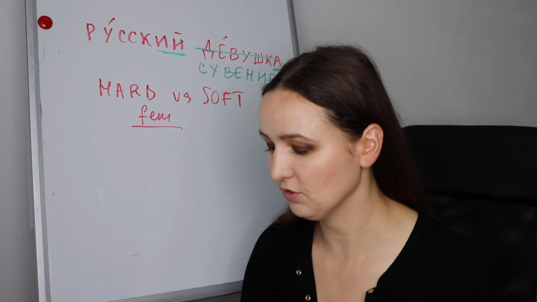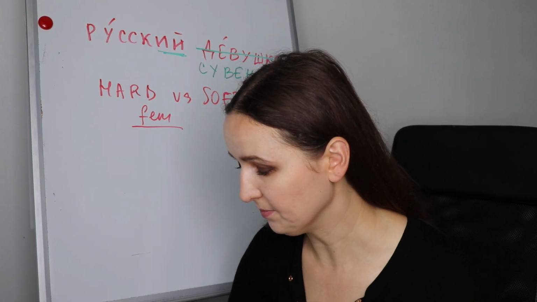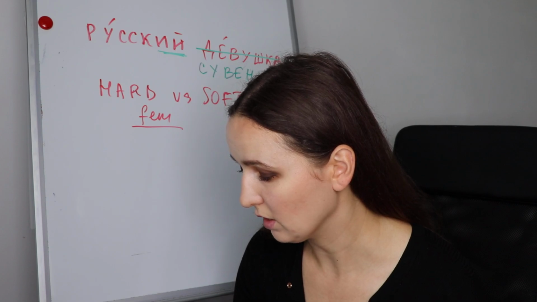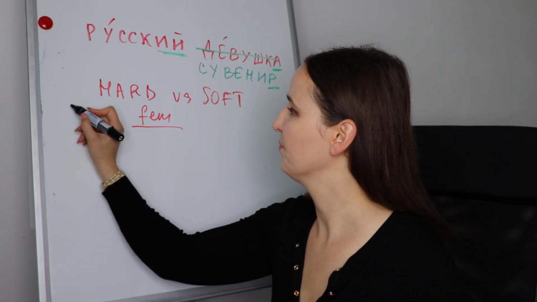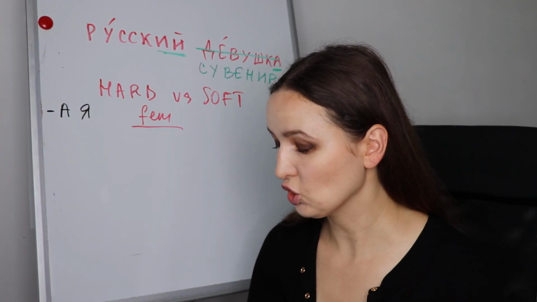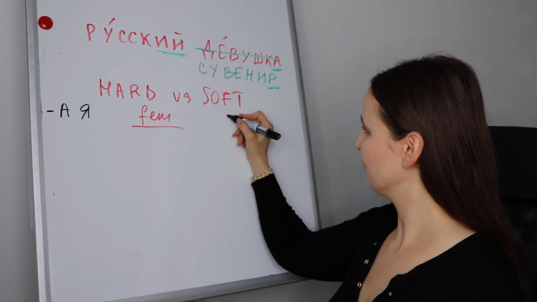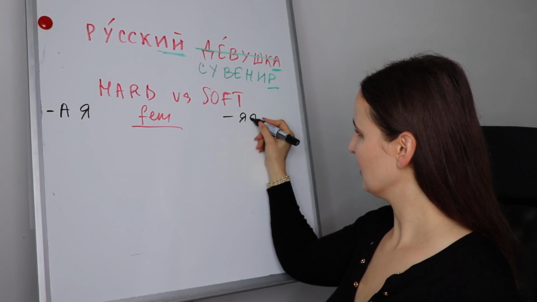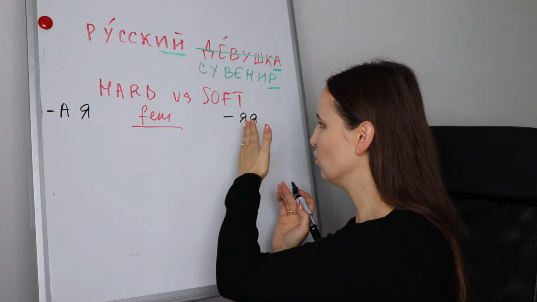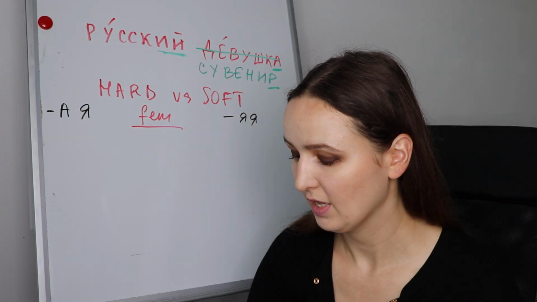So hard ending for feminine will be ая. This is hard. Soft is яя. Now let's see when to put ая and when to put яя.